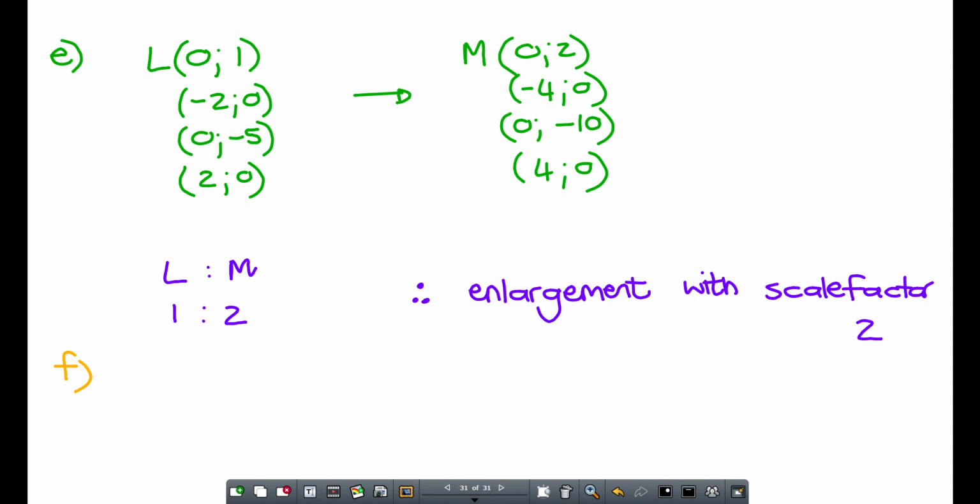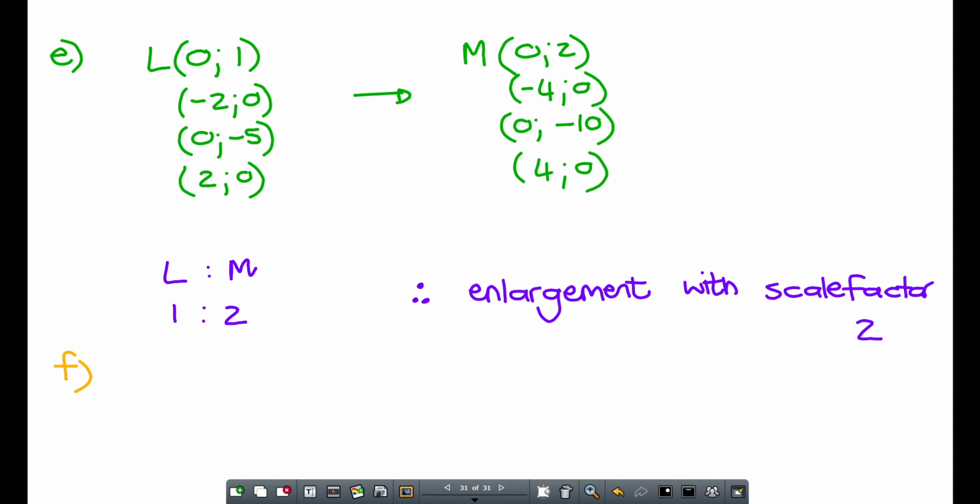Congruent, because it's exactly the same thing. It's just put in a different place. Still copy paste. But when we do reductions or enlargements, then it's not congruent anymore because it gets larger or smaller. So then we only have similar shapes.